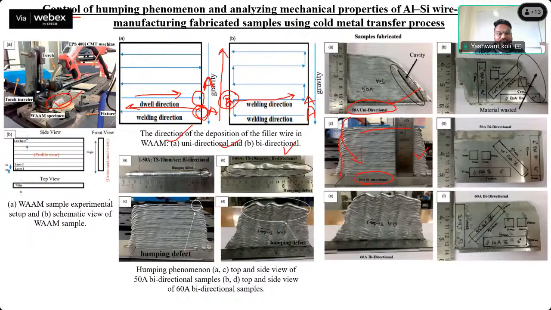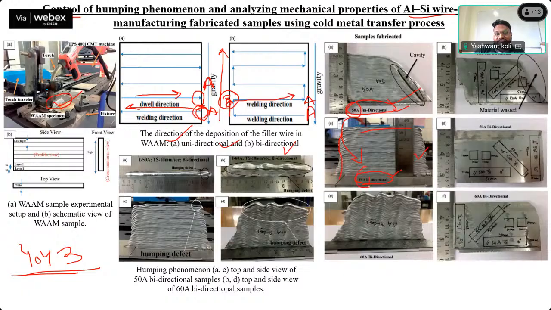So this is aluminium 4043 alloy, that is aluminum silicon filler wire, 1.2 diameter, that we have deposited. Suppose we have made unidirectional, bidirectional, and then what I have done is, we have increased the current values.